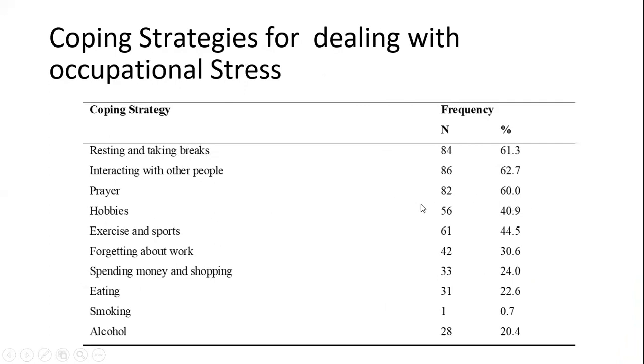Prayer is a common one, a stress coping strategy in our group. Taking up different hobbies, exercise and sports. There were also some destructive ones. Alcohol, I don't know whether it's destructive or not, but it's another coping mechanism that people had adopted.